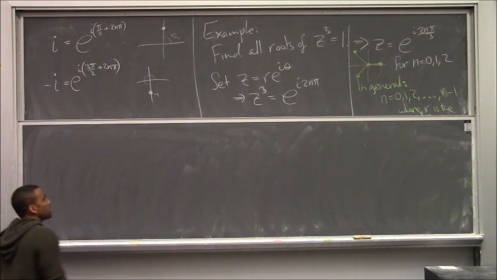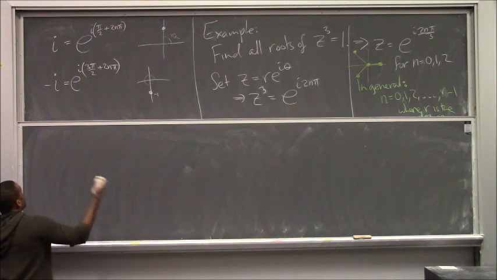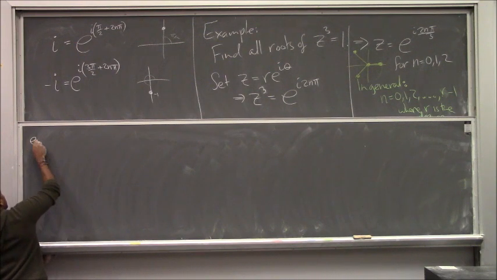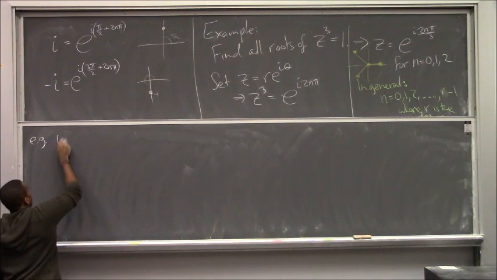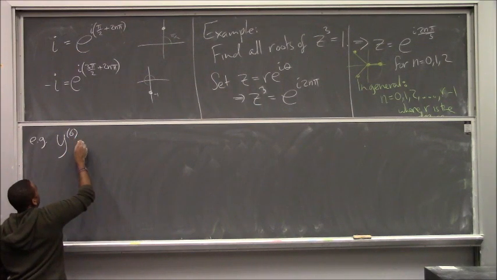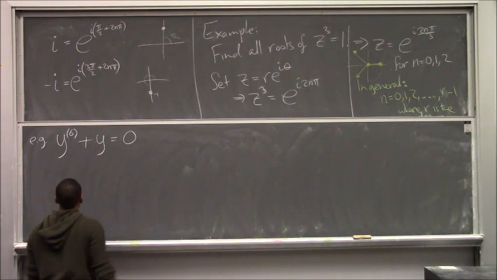So let's actually try another one. In fact, let's jump into solving an example with this one. Let's look at y to the 6th prime plus y equals 0.